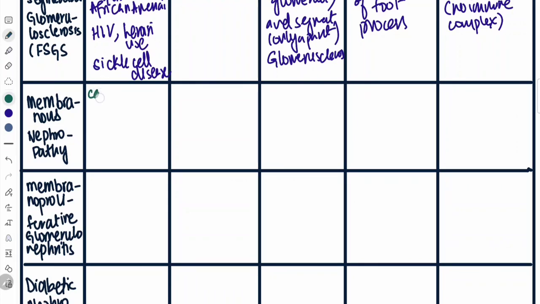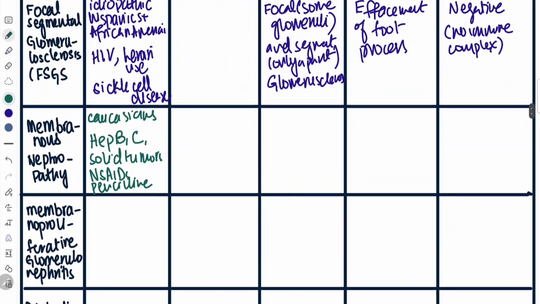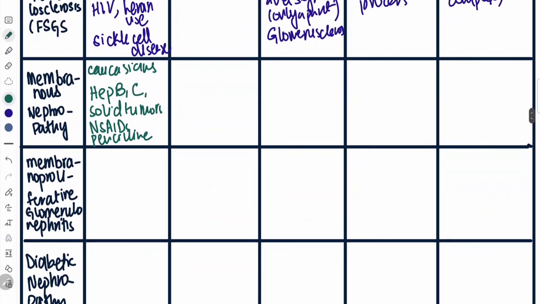It is common in Caucasians, but you need to know that it is associated with hepatitis B, hep C, and solid tumors, plus usage of NSAIDs and penicillin. So if a person is on NSAIDs, or abusing NSAIDs, or is a hep C or hep B patient, and they come with excessive proteinuria, that's a clinical cue. That's membranous nephropathy. The question is trying to tell you it's membranous nephropathy.